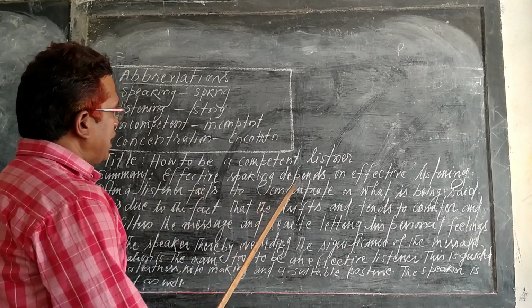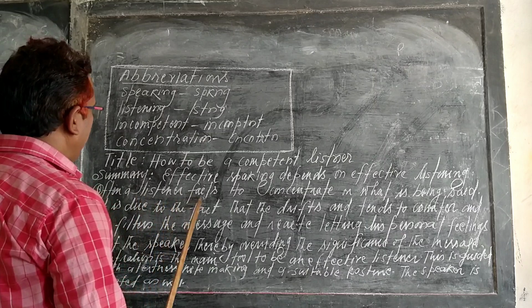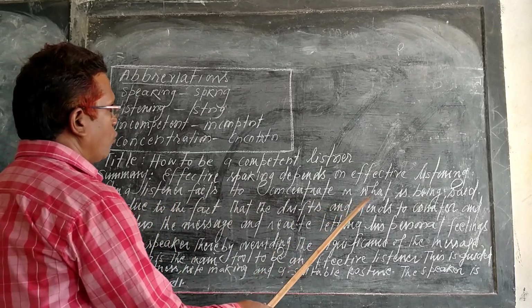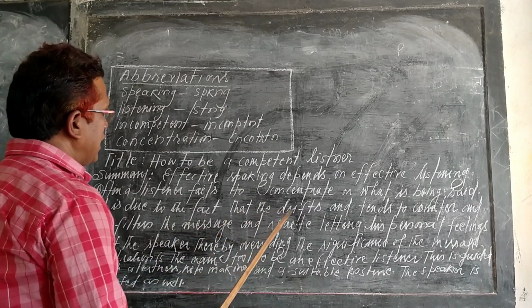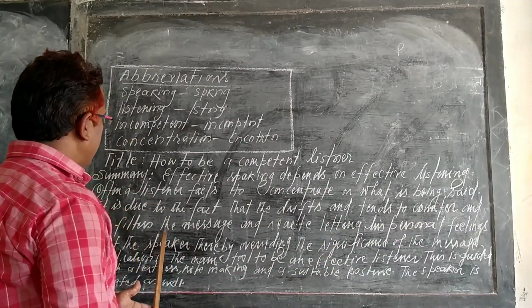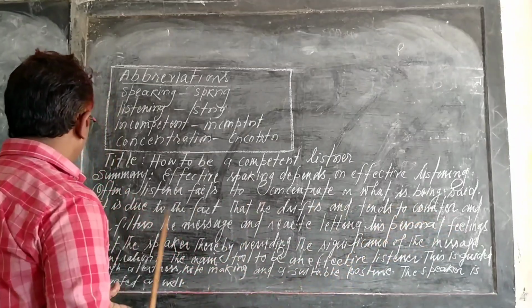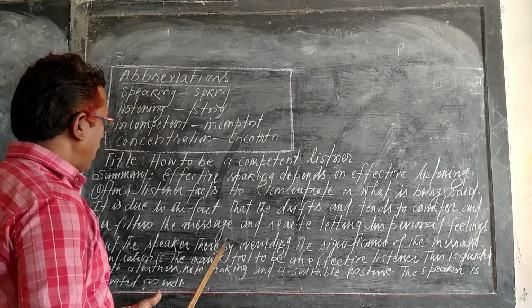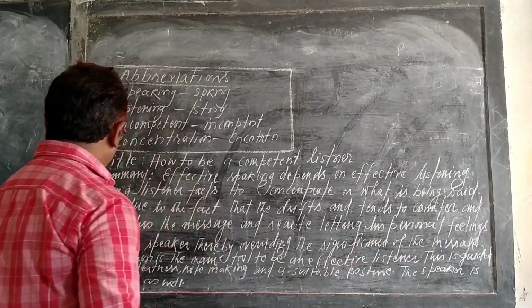Summary. Effective speaking depends on effective listening. Often a listener fails to concentrate on what is being said. It is due to the fact that he drifts, tends to counter, then filters the message and reacts, letting his personal feelings about the speaker override the significance of the message.